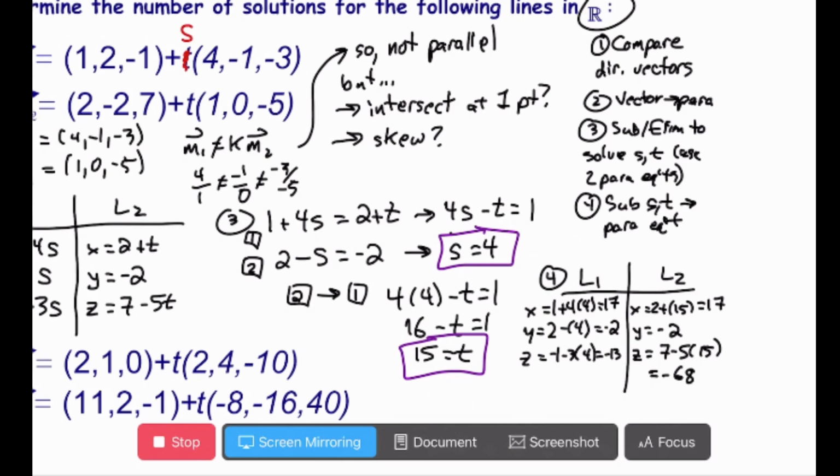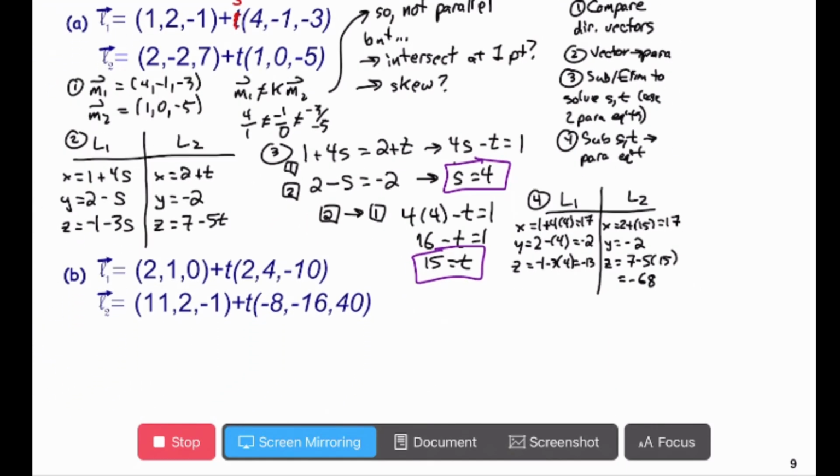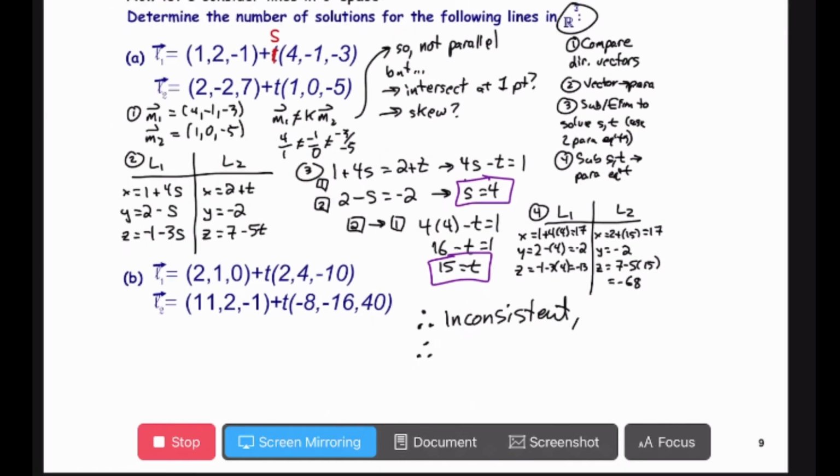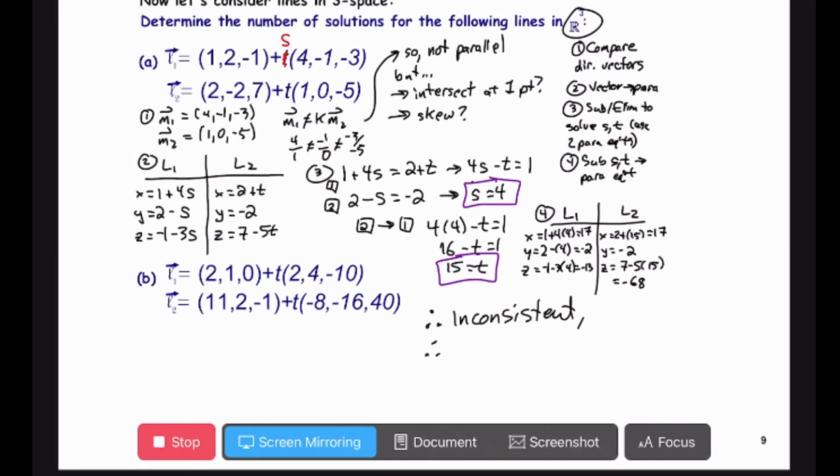So we didn't quite make it. It looked like we were going to have the same point existing on both lines, but not quite. So our values are inconsistent. And therefore, what did the question actually ask us? Find the number of solutions.